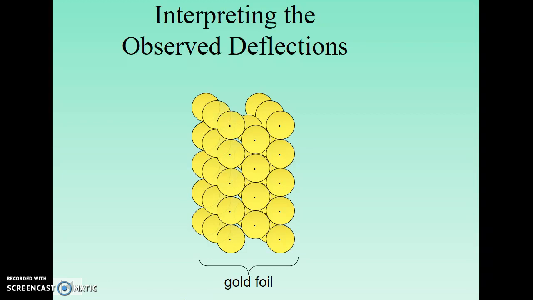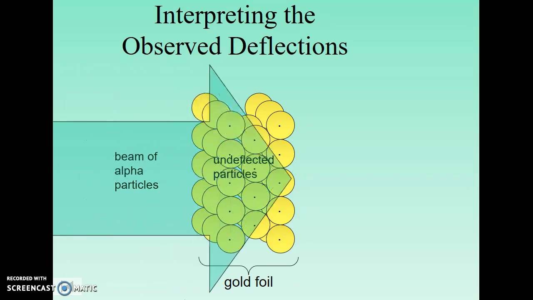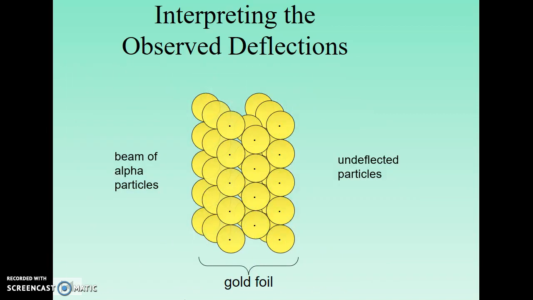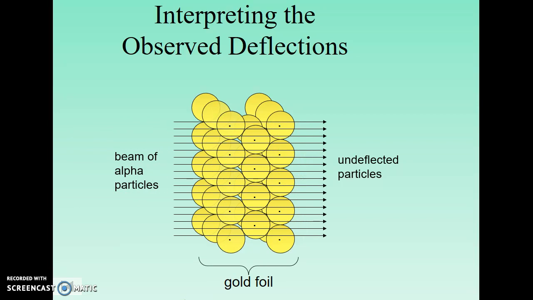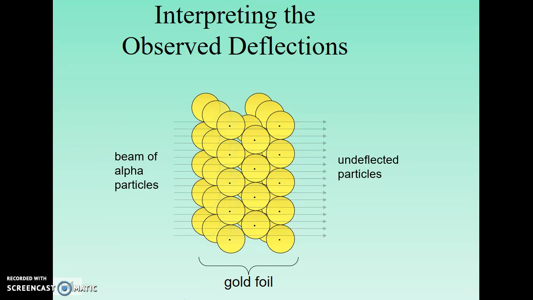And so he revisited the Thomson model, and he came up with this model. If the particles are undeflected, that means most of the gold foil is empty space, right? But if one particle comes along, so that particle came from here and was then deflected up at an angle, well then there must be an area of high concentration of positivity.